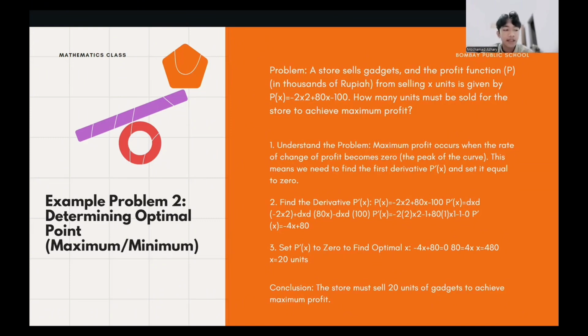P prime of x equals negative 2x squared plus 18x minus 100 differentiated: P prime of x equals negative 4x plus 18.